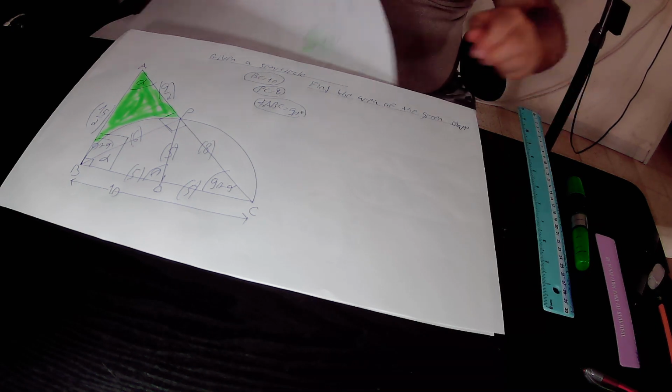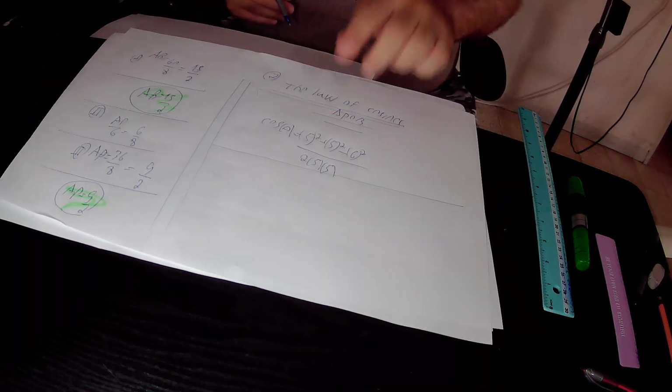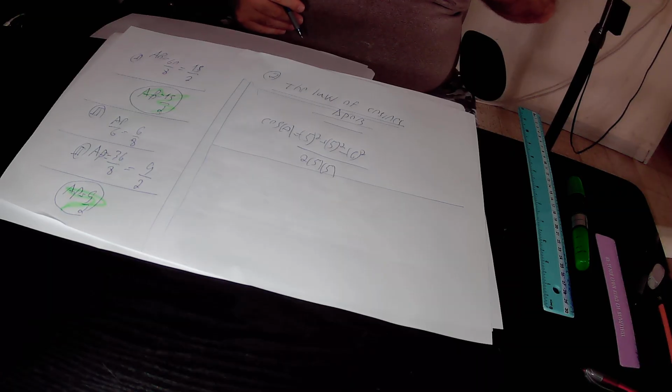So actually, this equation is the implementation of the law of cosines in triangle POB.